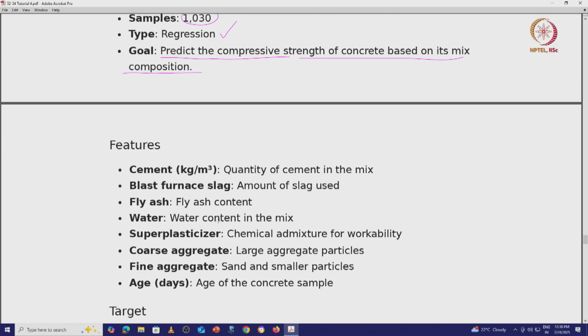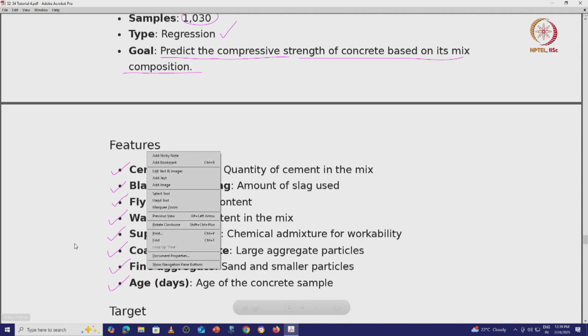So what are the features that we are working with? These are the features which are there in the data set. The density of the cement in the mixture, which is the quality, the amount of slag used in the blast furnace, the content of fly ash in it, how much water is there in the mixture, what is the superplasticizer, what is the number of core aggregates, fine aggregates, and what is the age in days of the concrete sample.